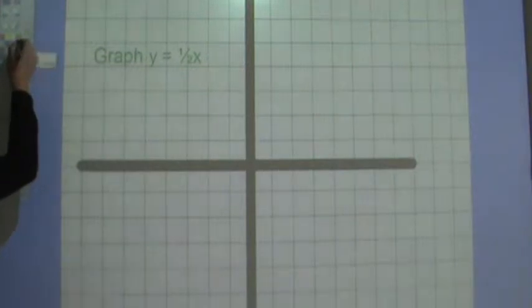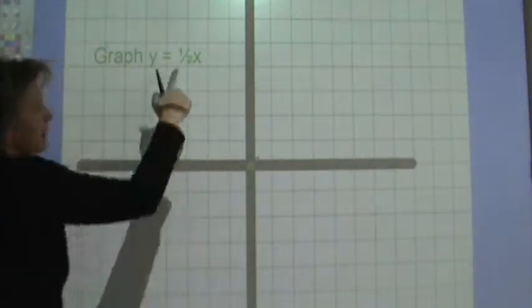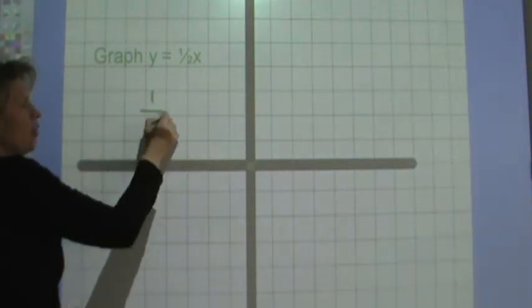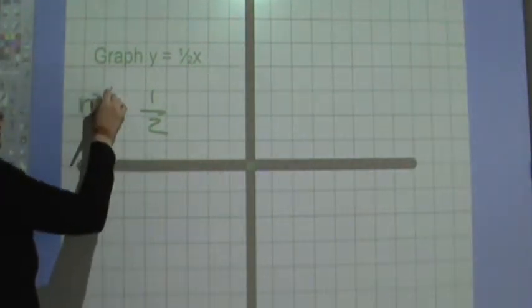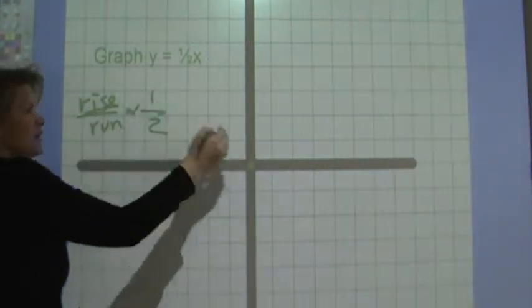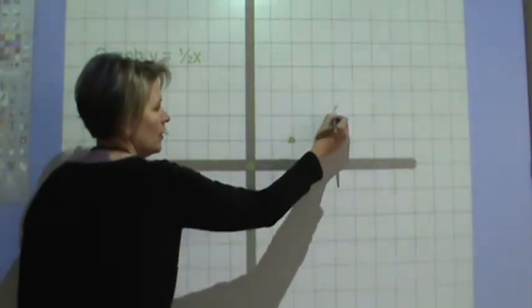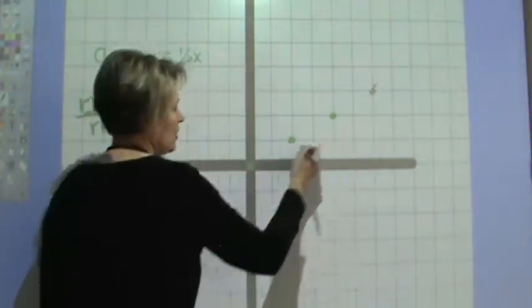So if we had to graph y equals 1/2 x, well, you know it's a straight line through the origin, so we can start at the origin. My slope is 1/2. If you remember, slope is rise over run. So I'm going to rise 1 and then run 2. Up 1 over 2, up 1 over 2.